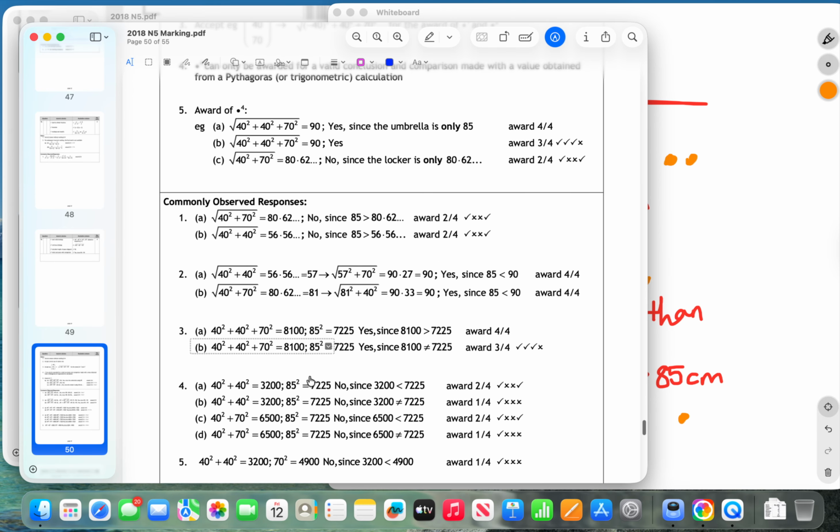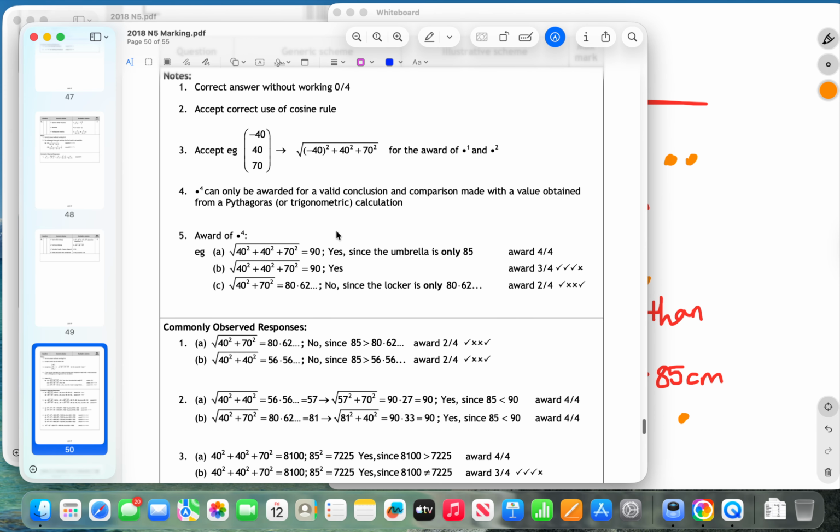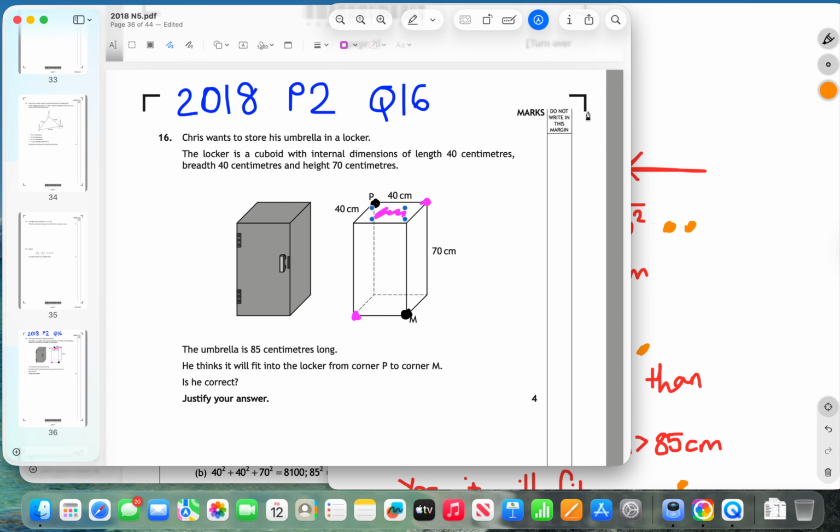Other people calculated the wrong diagonal, so they maybe did use 3 dimensions, but they calculated the wrong diagonal, which can cost marks as well. So that could be this diagonal.